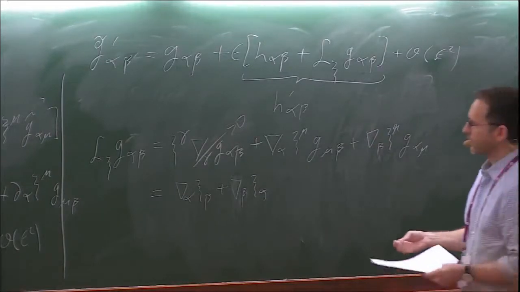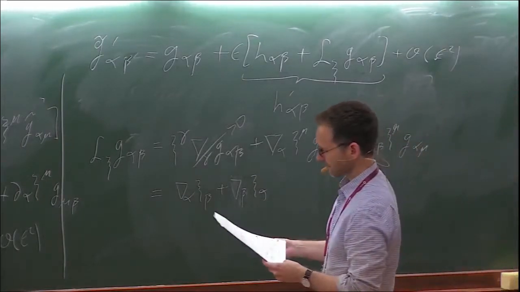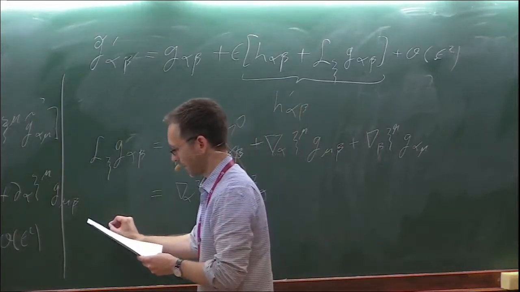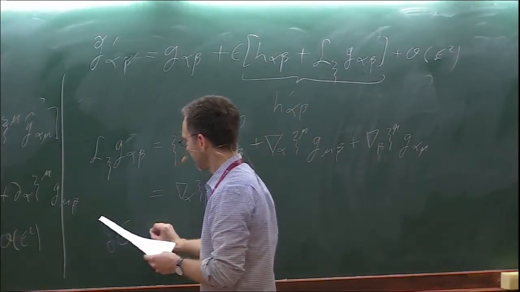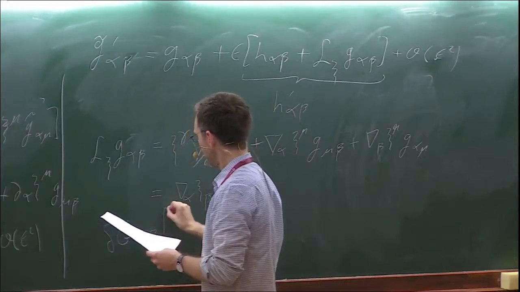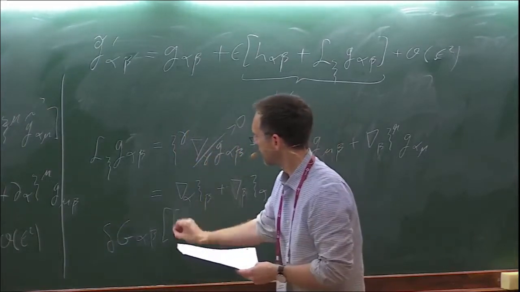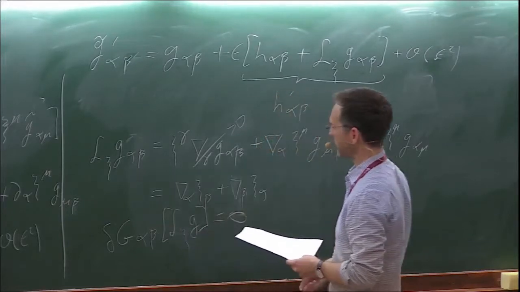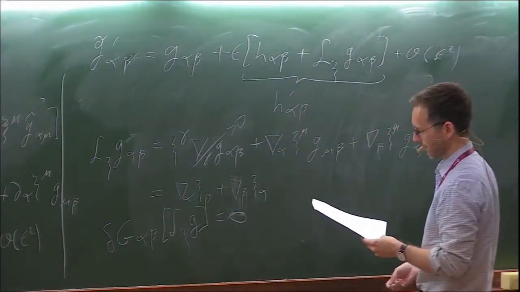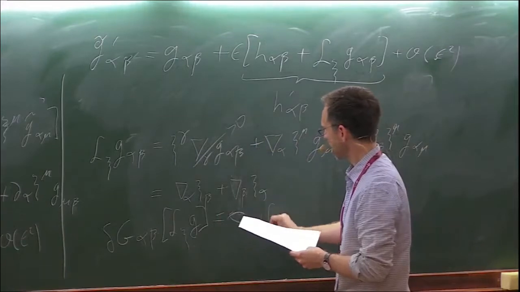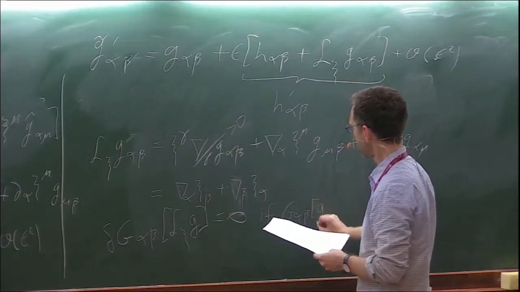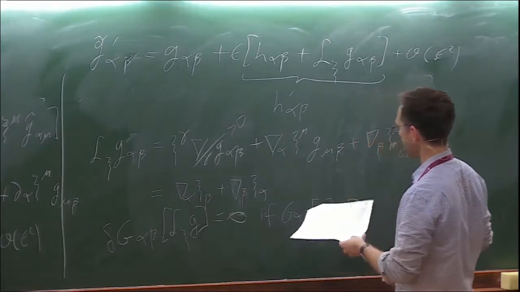Okay, so as we saw in the exercises, delta G alpha beta of this thing is identically 0 if the background Einstein curvature is 0.